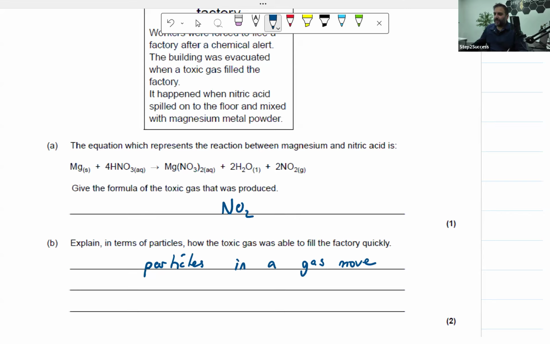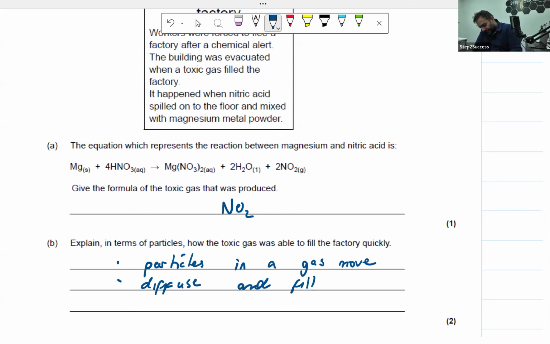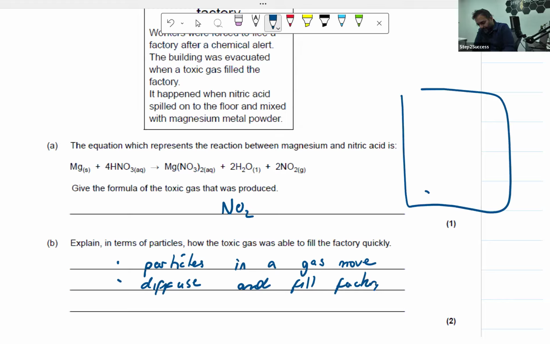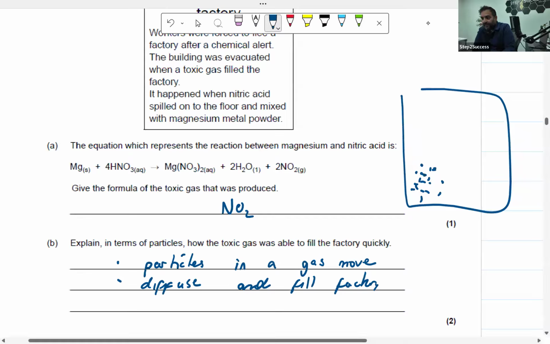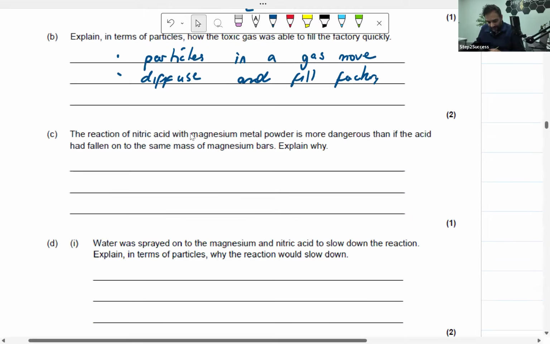I think diffusion might be the best answer here. And so they diffuse and fill the factory. So look, if this is your factory and this accident happens here and it produces this gas, what do you know about gases? They diffuse from a high to a low concentration. So they move and they fill the whole factory very quickly. So that is that.